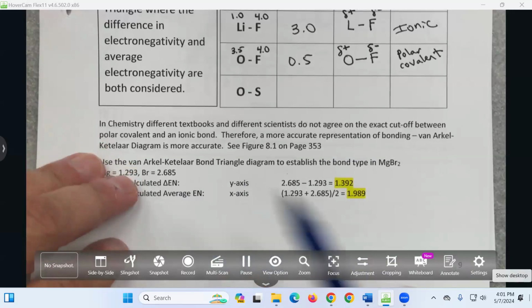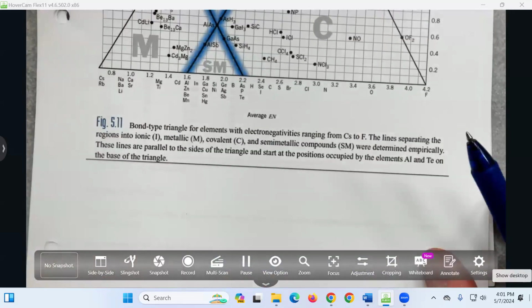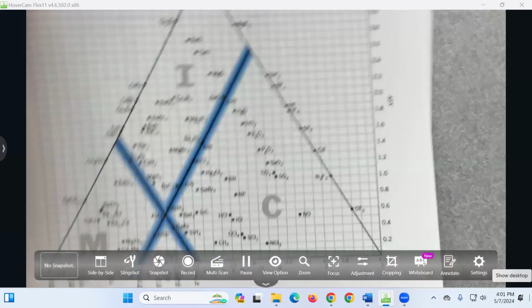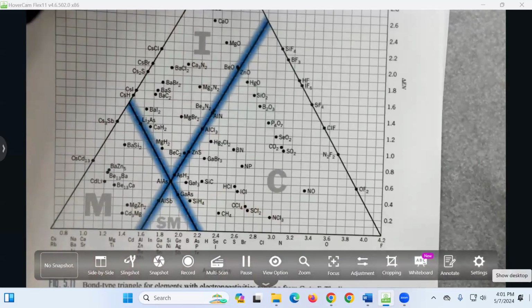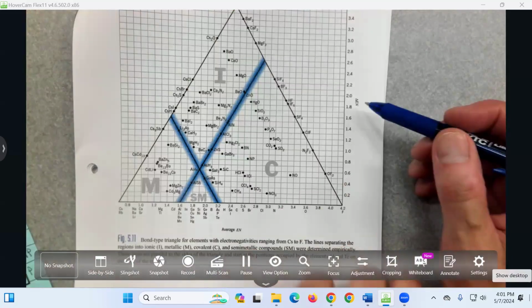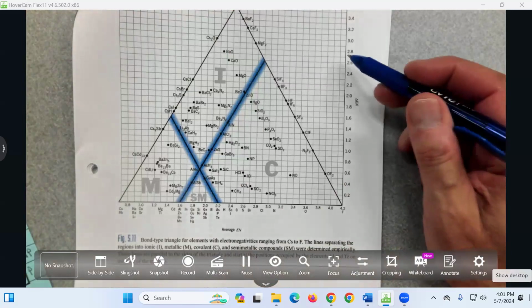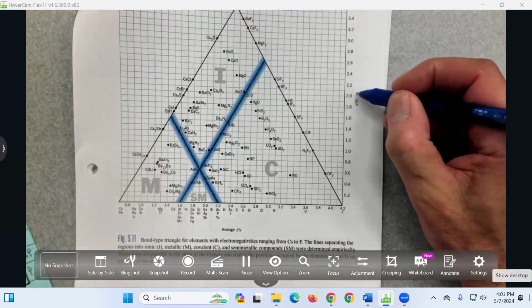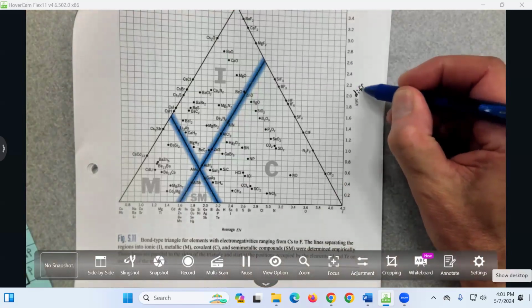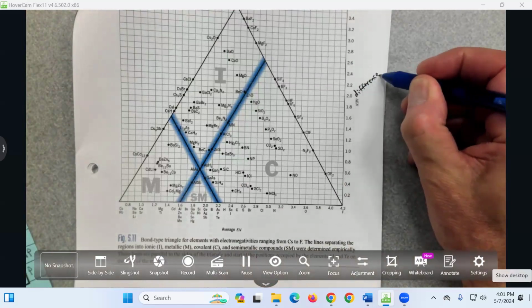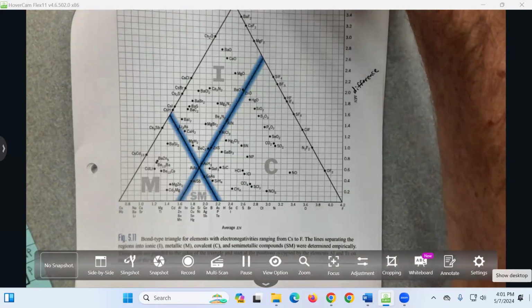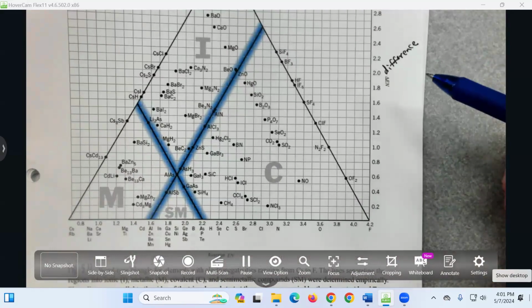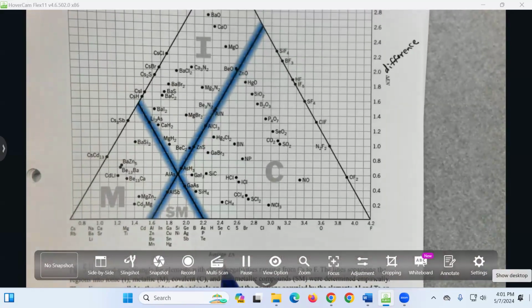So that's on the next page, where this triangle does the electronegativity difference on the y-axis, and it does the average on the x-axis.